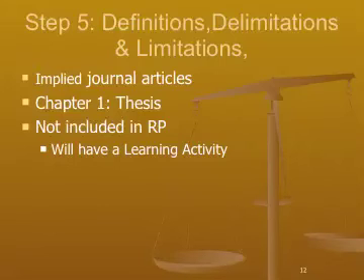So in journal articles, these things are typically implied, and how it's implied in the journal article, especially for delimitations, is how they describe the characteristics of their participants in their research methods section. In addition, it may be pretty explicit for the limitations at the end of their paper.